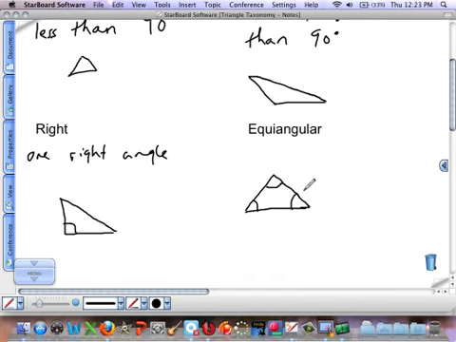Would being equilateral force my triangle to be equiangular? Yeah, because if you were to have one side that isn't the same, then it wouldn't be. Yep, they are the same. So equiangular and equilateral are the same thing. We just look at them differently. Equiangular is looking at the triangle strictly in terms of its angles. Equilateral looks at it in terms of its sides.